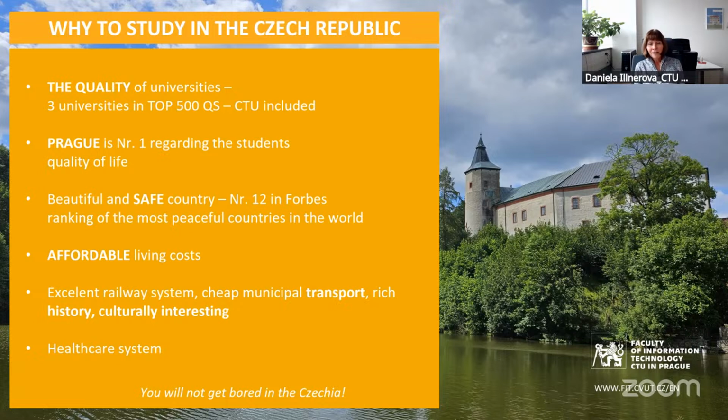As many surveys show, the quality of the university is number one what you international students are looking for and asking for. So we have in the Czech Republic 26 public universities and a plethora of private universities.